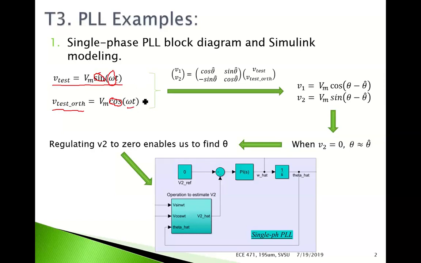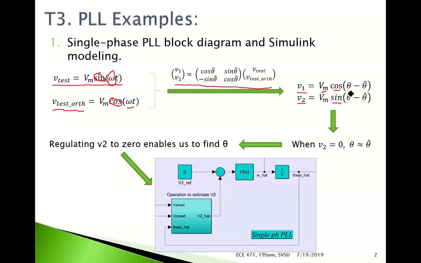With these two signals, we put them through an algorithm introduced in the lecture, and out of this algorithm we have two new signals, V1 and V2. They're in terms of Vm, cosine or sine, of theta minus theta hat.